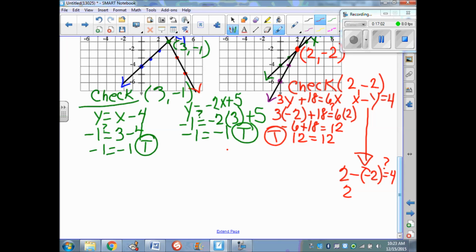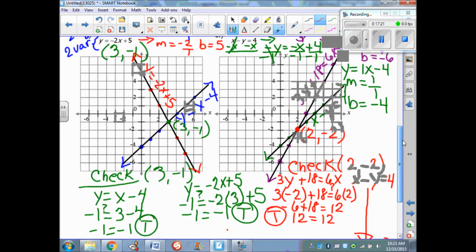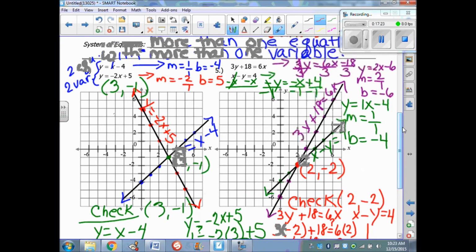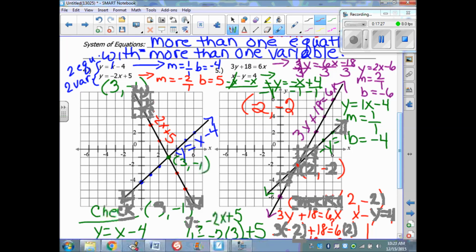So 2, holy cow, plus 2, does it equal 4? 4 equals 4. That's true. Both are true. So my solution to my system of equations, I just solved for x and y, is 2, -2. So I'm going to go back up here. And I'm going to write 2, -2 is the solution.